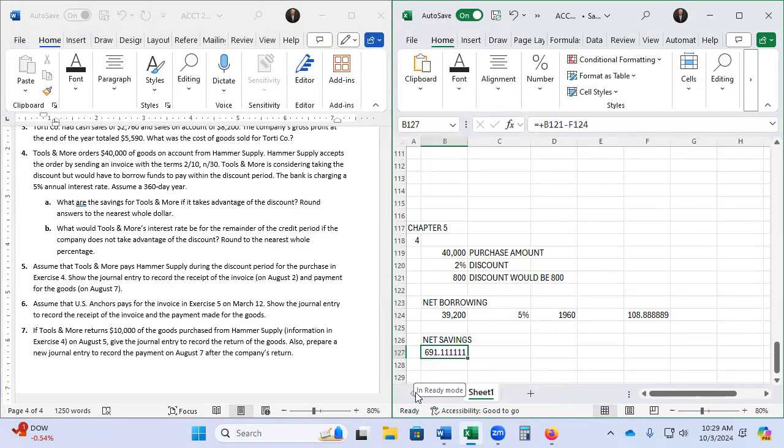Because they're borrowing it for 20 days more than they would. So normally they would pay it off in 30 days, but they're going to borrow that money from 10 days.